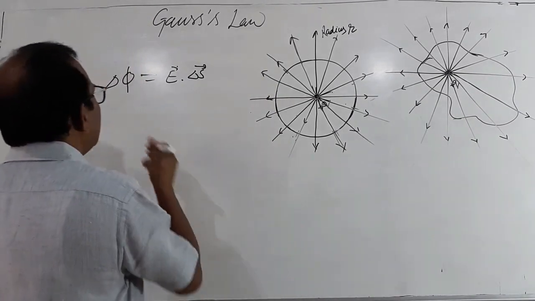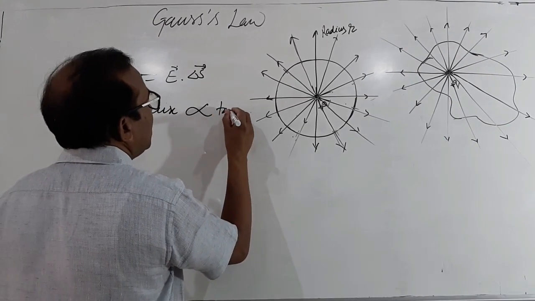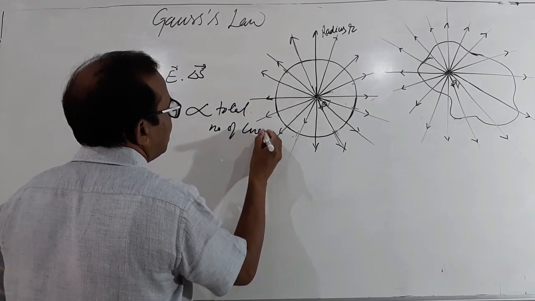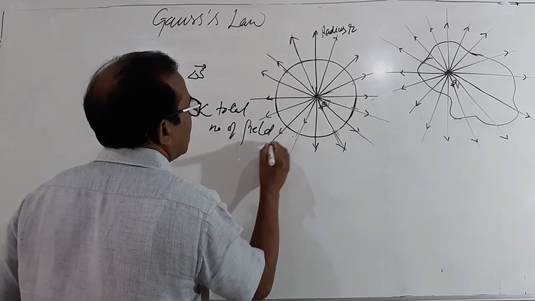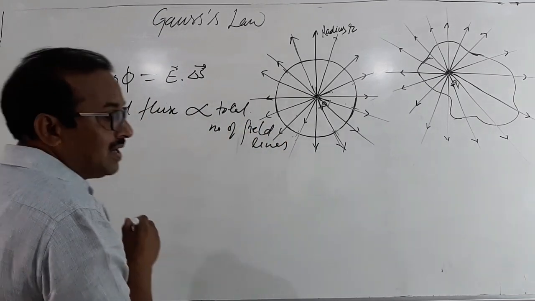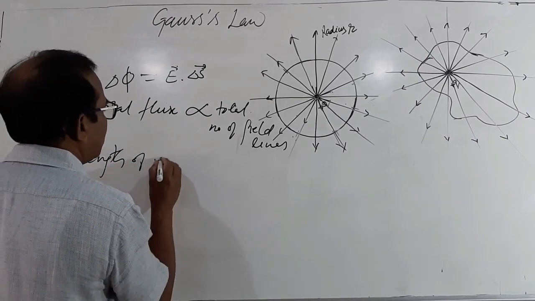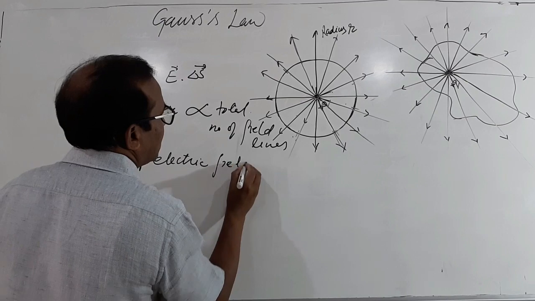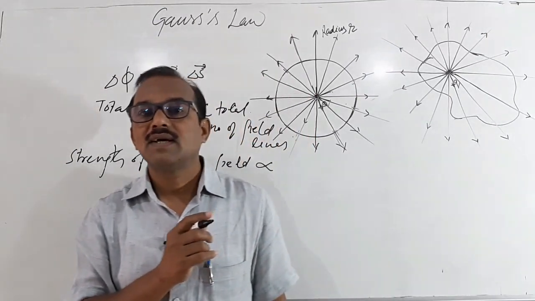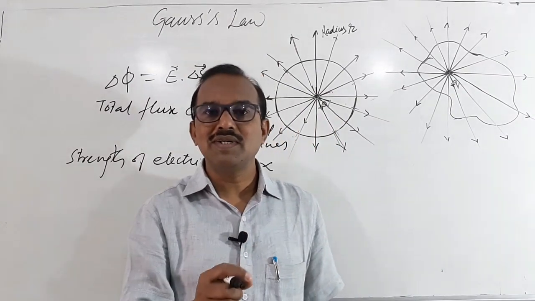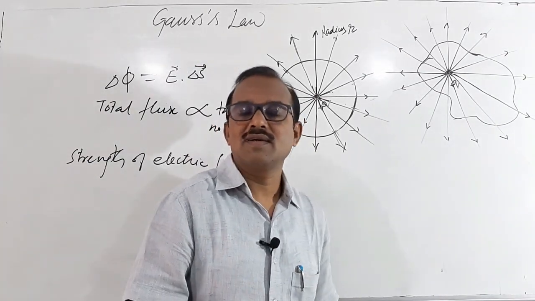One thing, total flux is directly proportional to the total number of field lines, and the electric field intensity at any point, the strength of electric field, is proportional to the number density of lines, meaning the number of lines passing through unit area of the surface when the surface element is perpendicular to the direction of electric field.